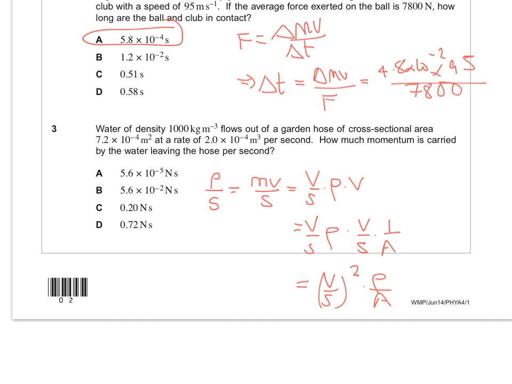The volume is 2.0 times 10 to the power of minus 4 squared times 1,000 divided by 7.2 times 10 to the power of minus 4. And that comes out as 0.055555, which is 5.6 times 10 to the minus 2, which is option B.